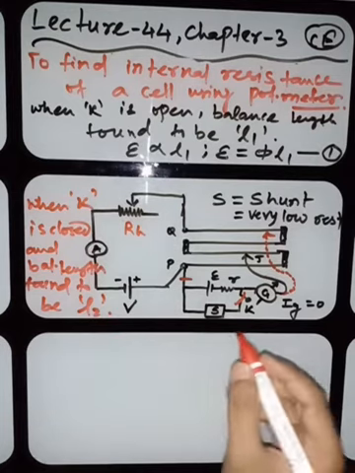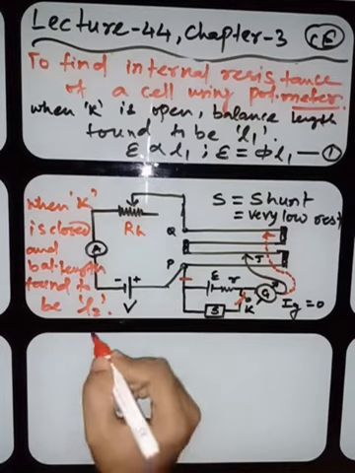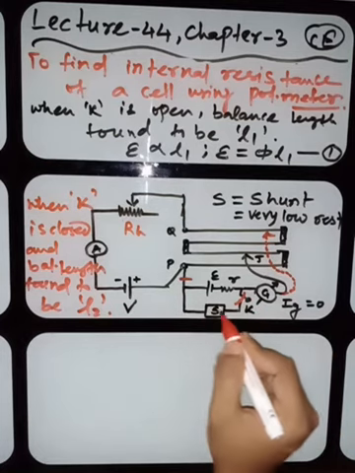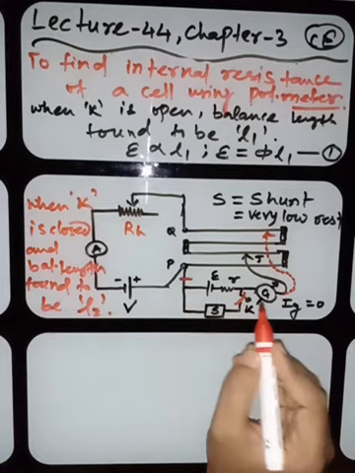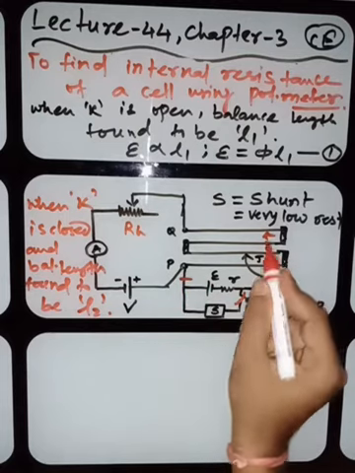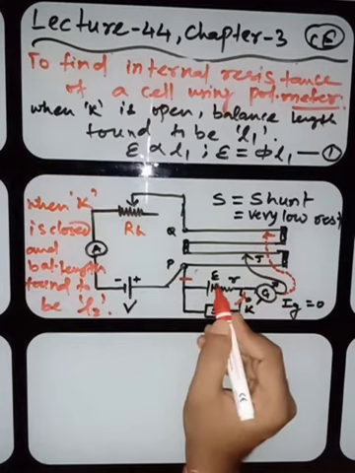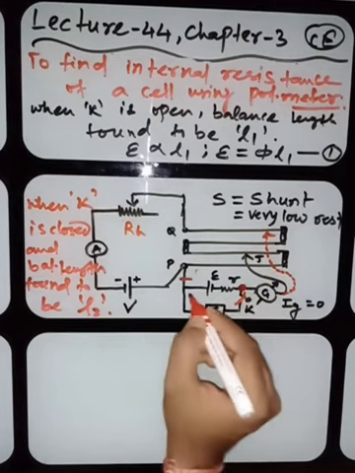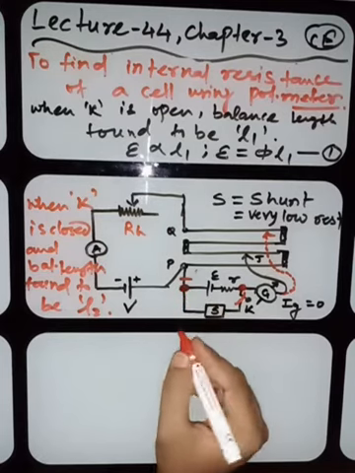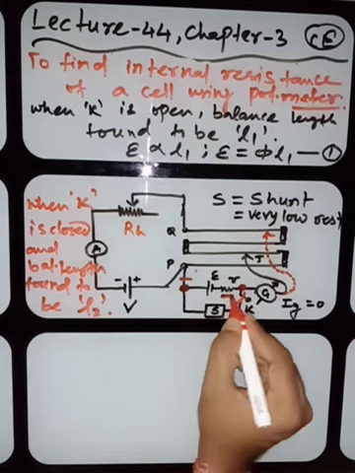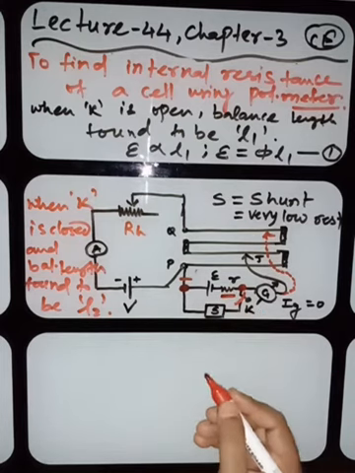Look carefully. When this key is closed and current starts flowing, remember the potential across this length L2 will not be directly proportional to E, because now the potential between these two points is not E, it is E minus the potential drop across the internal resistance.